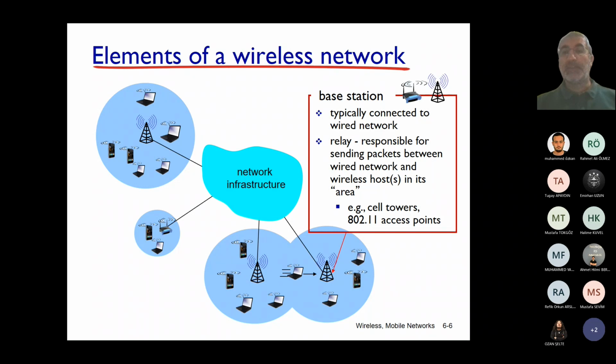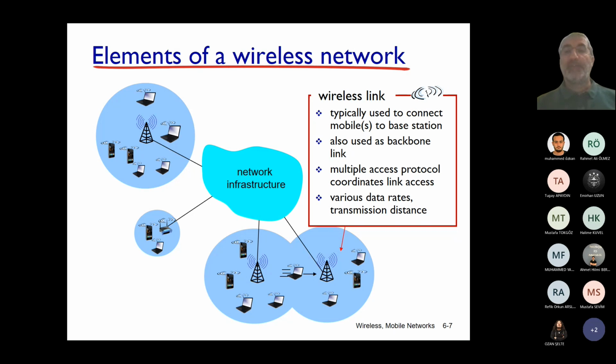So it exchanges or relays packets between the wired network and the wireless hosts in its area, of course. It depends on the technology. In IEEE 802.11, namely Wi-Fi technology, such a base station is called an access point. In GSM, it's called a cell tower and so on.